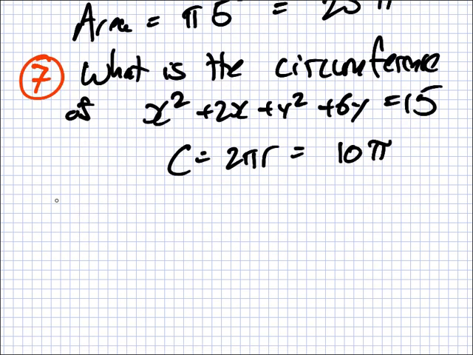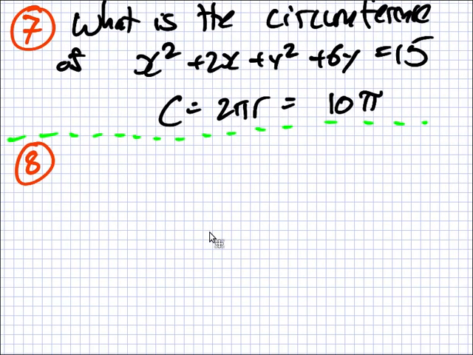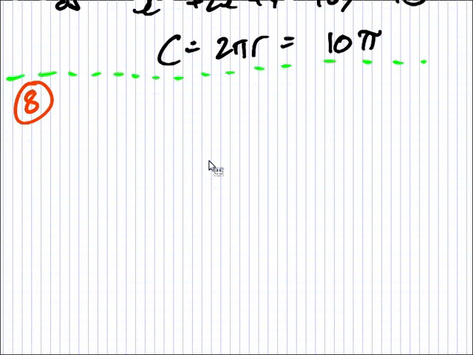Okay, now let's go on to harder ones. You want to almost just do a dotted line here because we start to make it a little bit trickier now. Example 8.